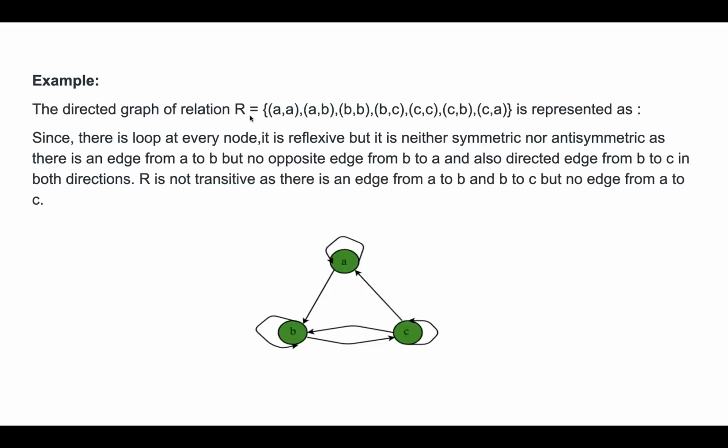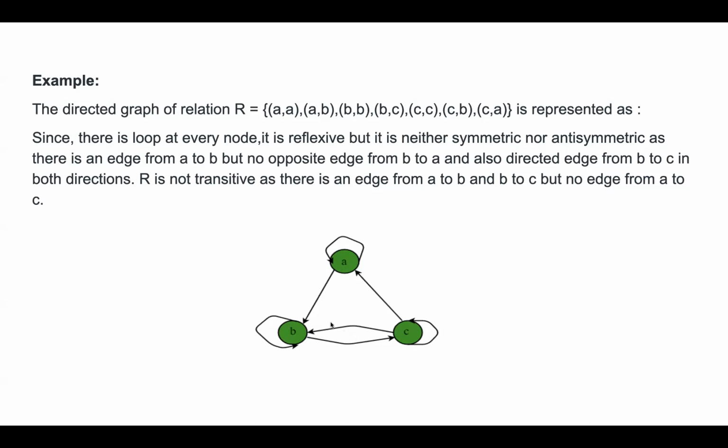Then directed graphs. In this also we have seen, this is reflexive, that is the arrow is coming towards A, from A to A, from B to B, from C to C. So it is known as symmetric. Okay.